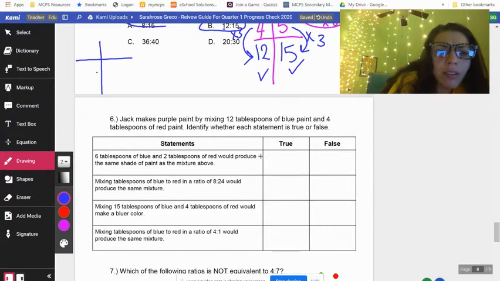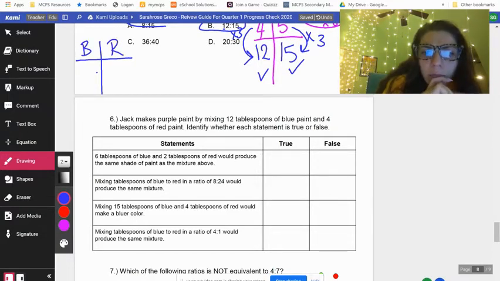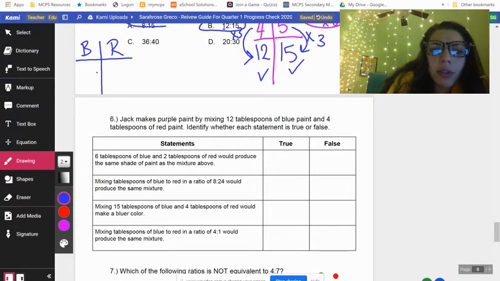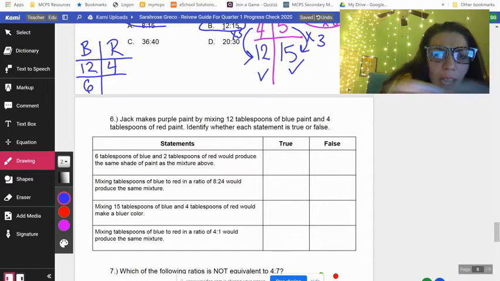Blue and red. So this is going to be my blue side, that's going to be my red side. They say 12 blue and 4 red. The question is, what if it becomes 6 blue and 2 red? Would it be the same? So I'm going to put 6 right below and 2 under red.